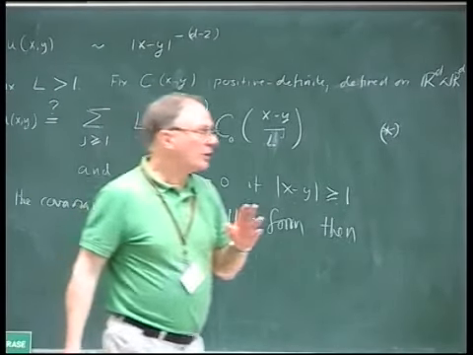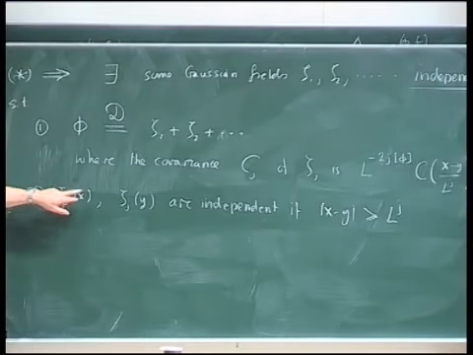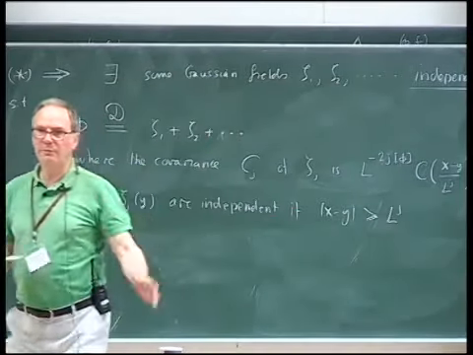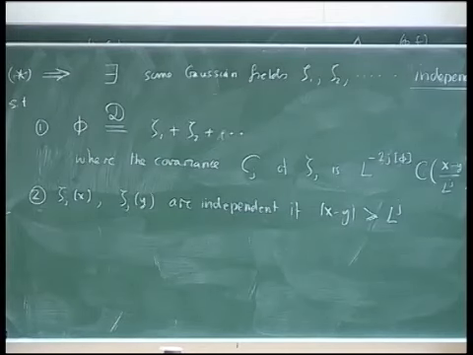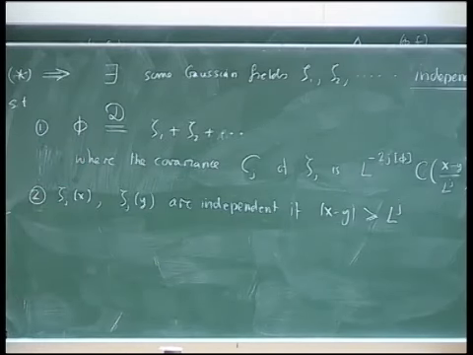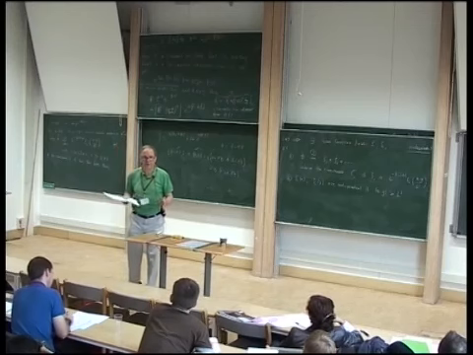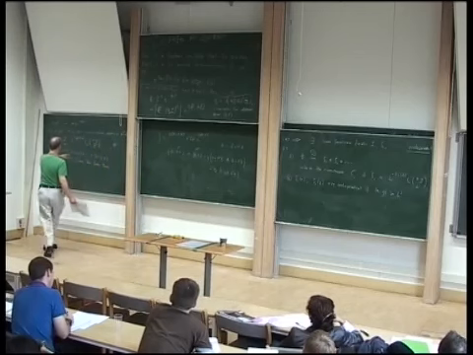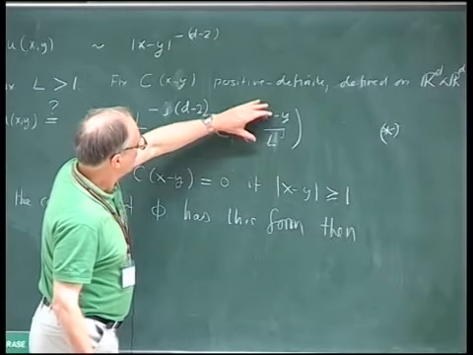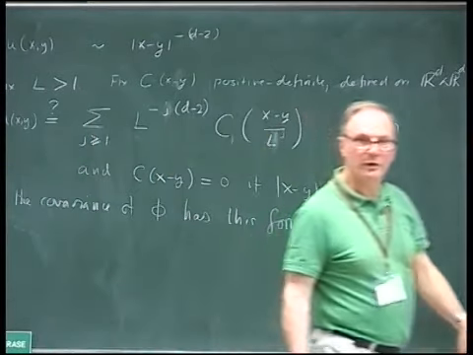For a Gaussian random variable, you're fixing j here and making a statement for fixed j: if the points x and y are far enough apart, then they're independent fields. And remember, we're talking about Gaussian fields here. So when you want to know if two Gaussian fields are independent, a Gaussian distribution is completely characterized by the covariance, so it's enough to check that the covariance is 0. And that's exactly what this is telling you. If the underlying function, this c here, has this property, then the scaling of that function will vanish on the scale L to the j.